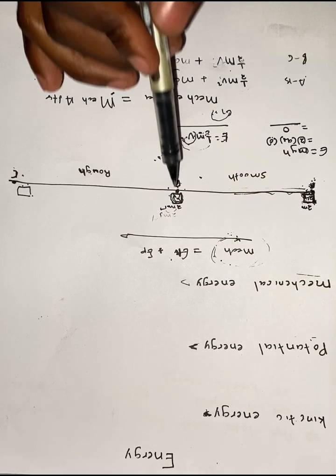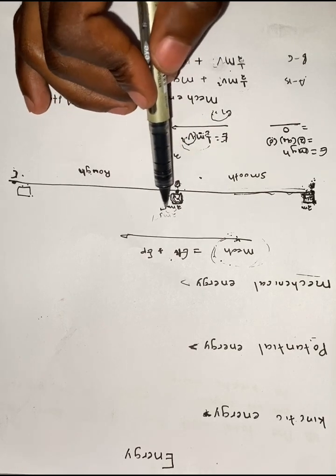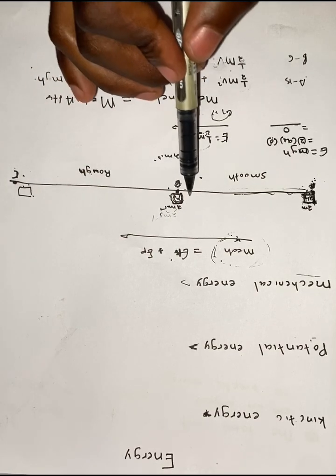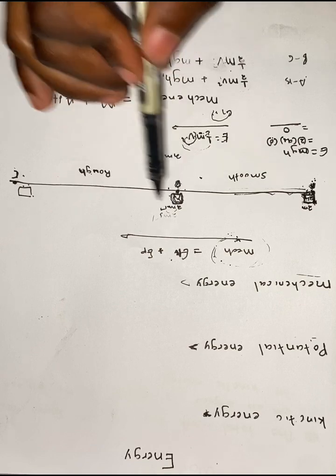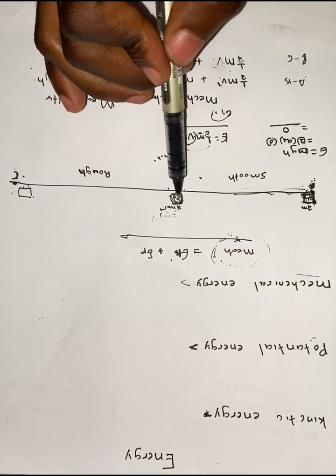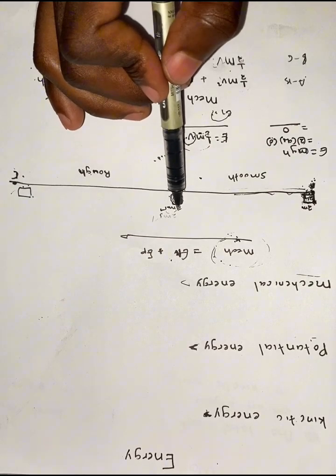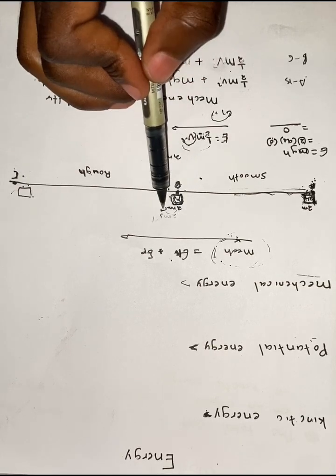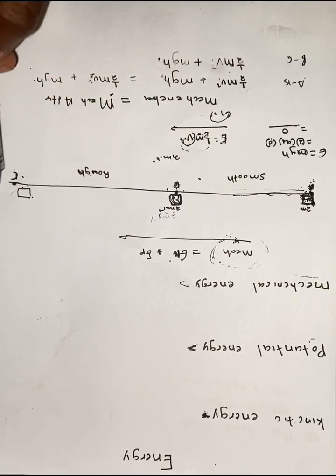That means mechanical energy before will now be greater than mechanical energy after. Why? Kinetic energy before is greater than kinetic energy after. Let's say the velocity is 2, then finally the velocity is 1.